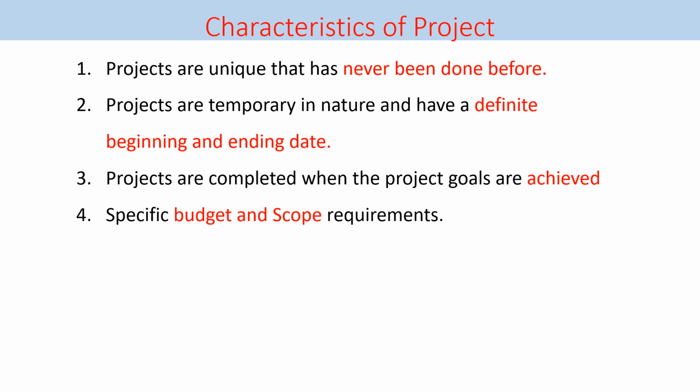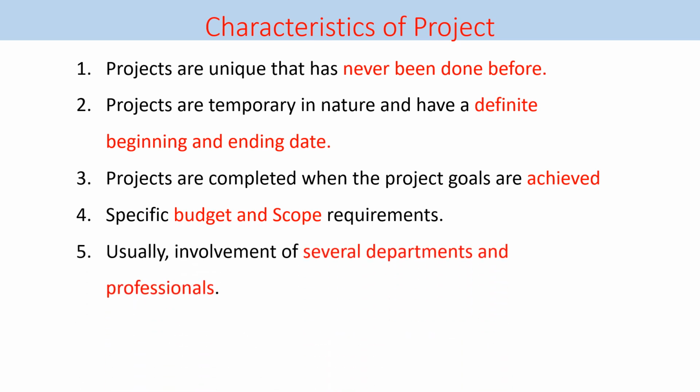Anyway, initially, there is a specific budget and scope requirements for a project. This is for the characteristics. And the other characteristic is usually involvement of several departments and professionals. We know that a project is a complex activity.